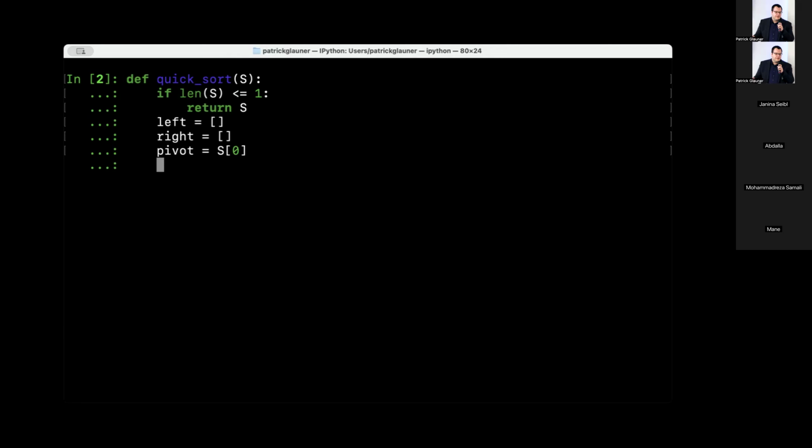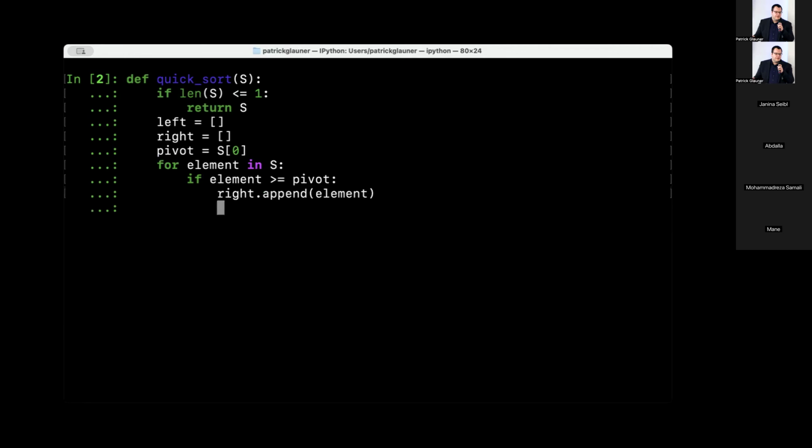And now I need to go through every element in S, and I need to check, is the element greater than or equal to the pivot? Because there could also be duplicate elements. There may be more elements that have the same value as the pivot.